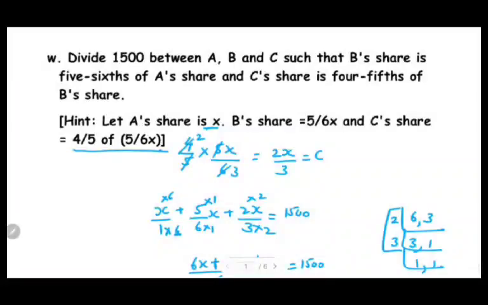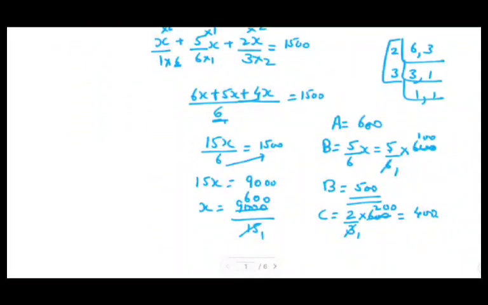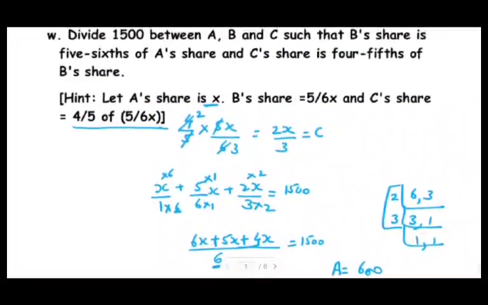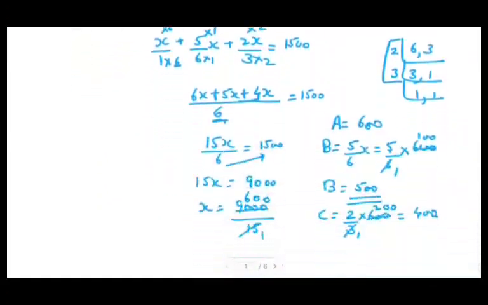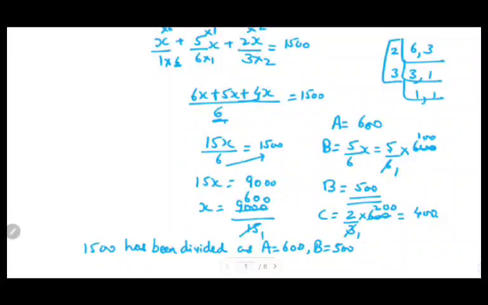So, what's our statement? Divide the 1500. 1500 has been divided as A equal to 600, B equal to 500 and C equal to 400.